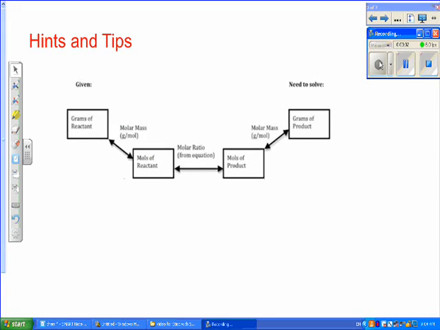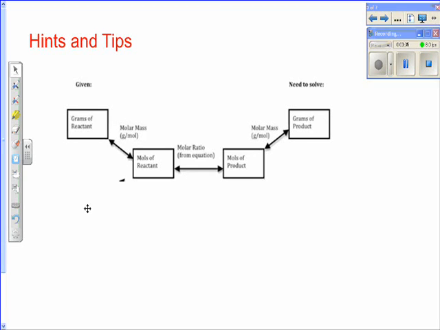Now that we know how to use molarity as a converting factor, it's important to know how it's going to be used in stoichiometry. You're used to a pattern much like you see here, where if you're starting with grams, you need to first convert to moles of the reactant using the molar mass. You can then use the mole ratios to convert to your moles of the product. And then if you need your answer in grams, you can use the molar mass again to make it into grams.